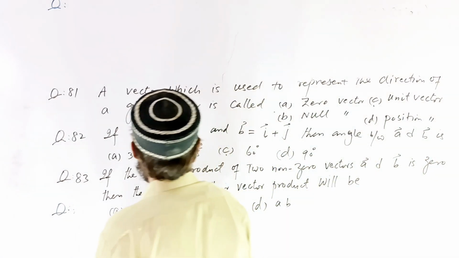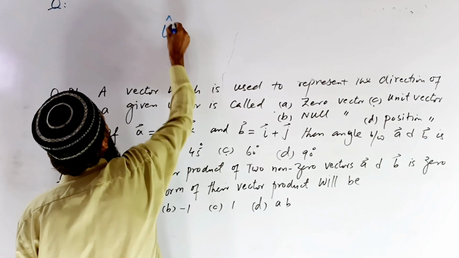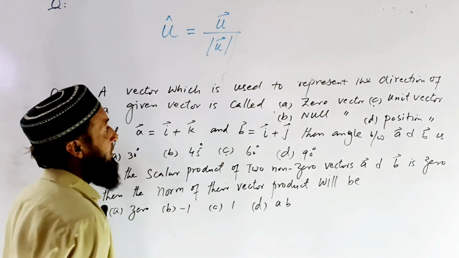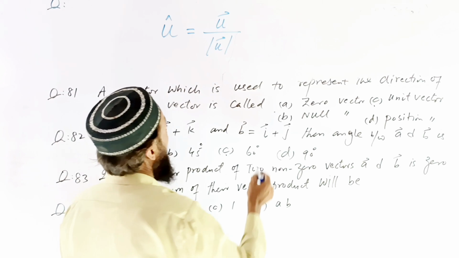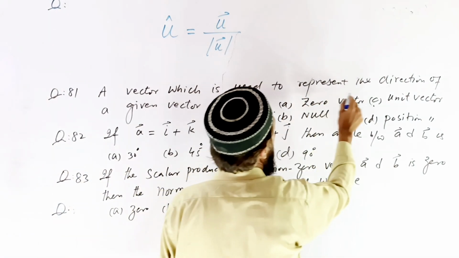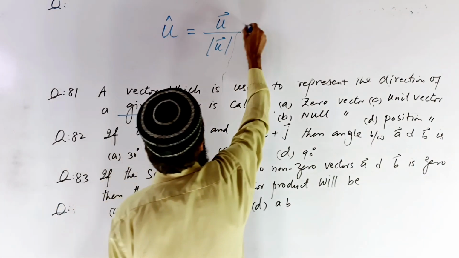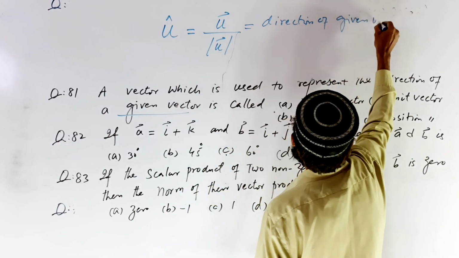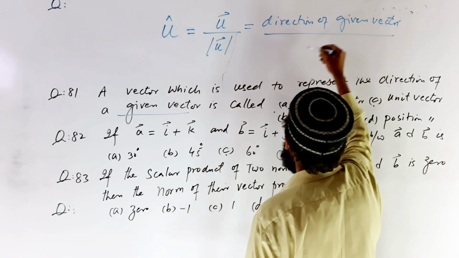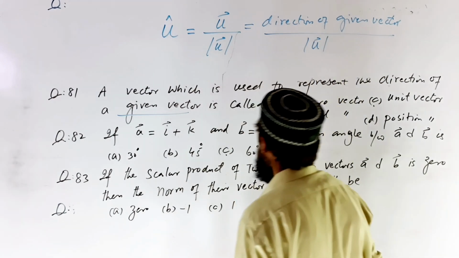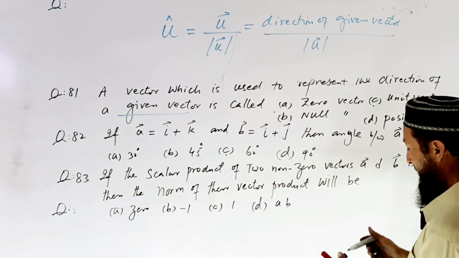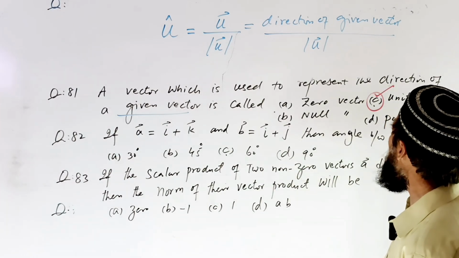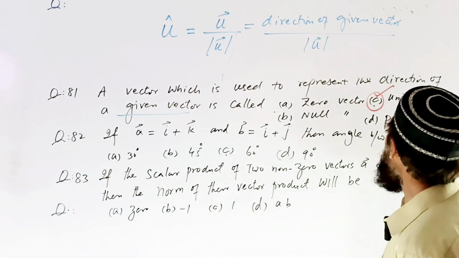A unit vector is that vector whose direction is the same as the given vector and whose magnitude is 1. That is called a unit vector.